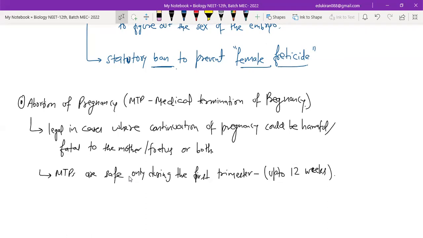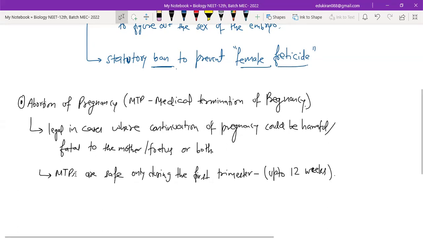We did it in the last class. We discussed what happens to the fetus as it grows from the first to the second trimester. It develops, and in the second trimester it also develops all the vital organs, correct? The placenta also strengthens over time, correct? Yes, sir. So it's more associated with the physiology of the mother. The bigger the fetus is, the more difficult it is to abort, because for a very early fetus, even just the chemical MTP can work.